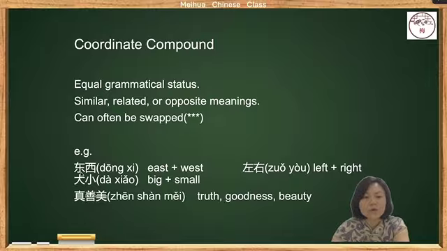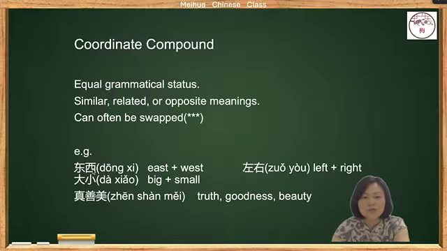For example, 东西. 东西 means 东 means east, 西 means west. So which one is better? No, we don't judge like this, right? We don't judge. They are of the same importance. 东西.